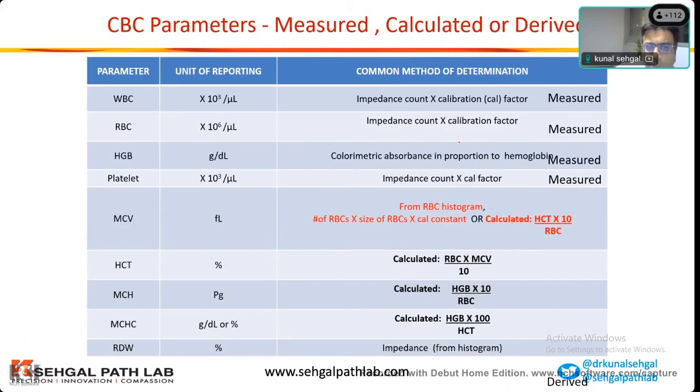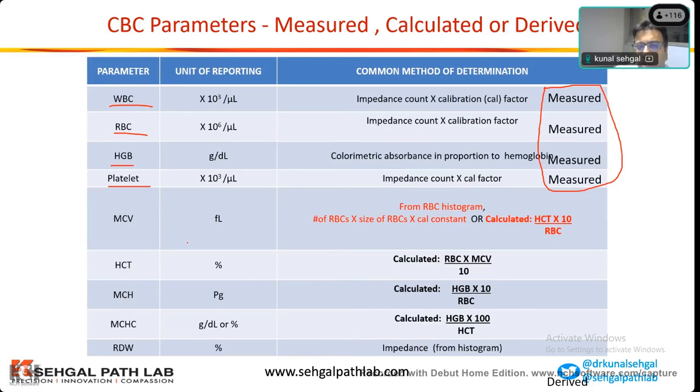So let's move ahead. In any CBC counter, there are typically 5 parameters which are measured, and all the other reports or the values which you get are derived or calculated values. So anything which is a number, for example, WBC count, RBC count, platelet count, or hemoglobin are all directly measured parameters.